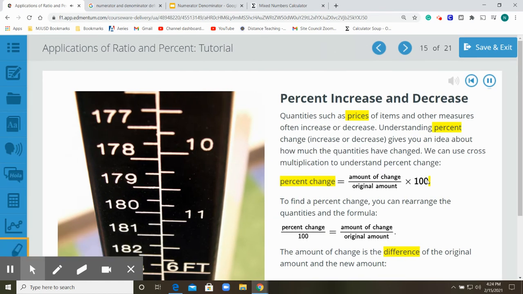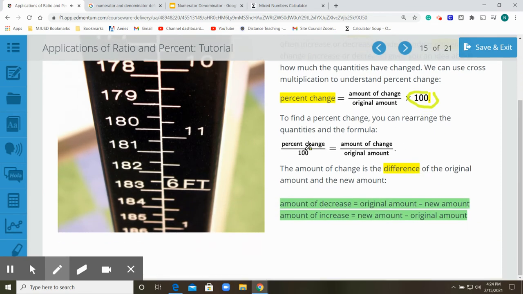To find a percent change, you can rearrange the formula: percent change over 100 equals amount of change over original amount. The amount of change is the difference of the original amount and the new amount. Amount of decrease equals original amount minus new amount. Amount of increase equals new amount minus original amount.